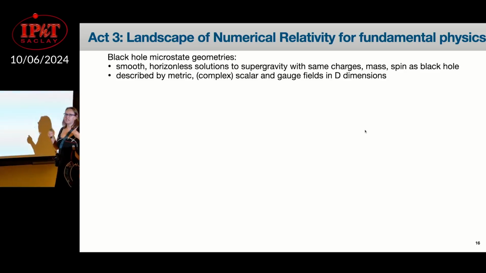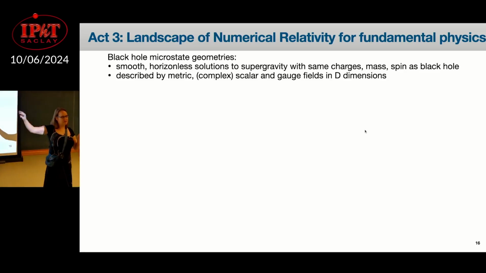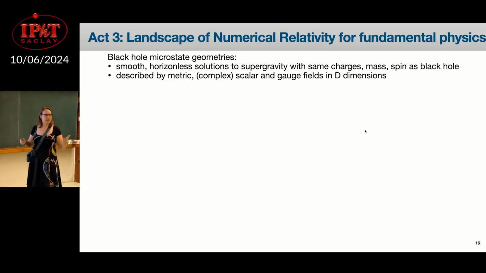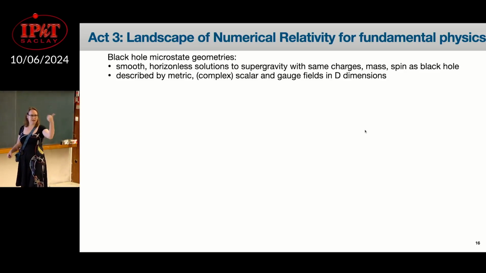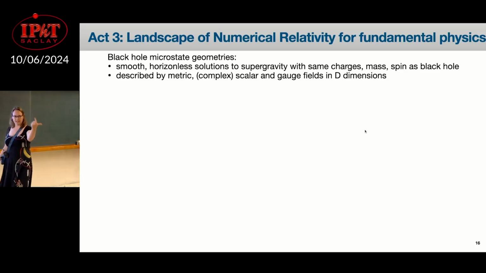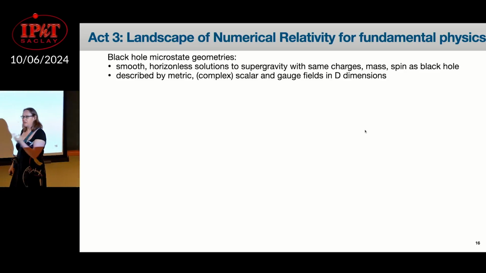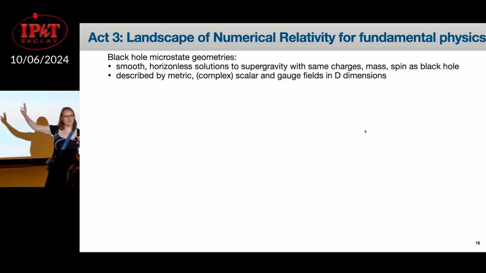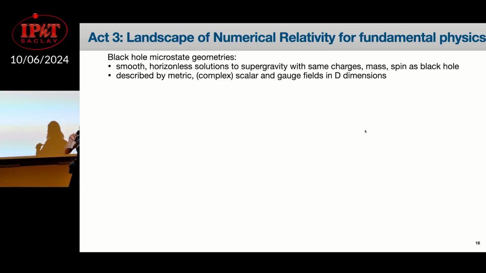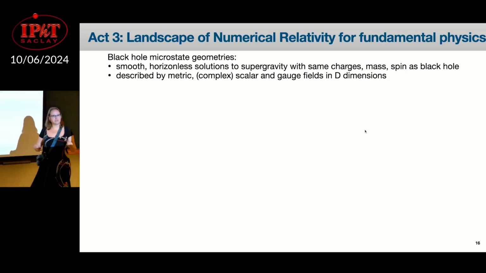But how do I describe that? If I say supergravity with these charges, I should have as field content a metric, I should have complex scalar fields, I should have gauge fields, and I may have to deal with high dimensions. And I know this is very reduced, but I'm trying to get the essence of what it is that we need.